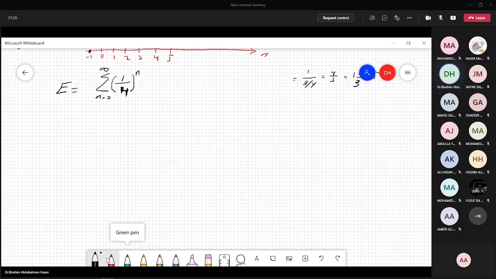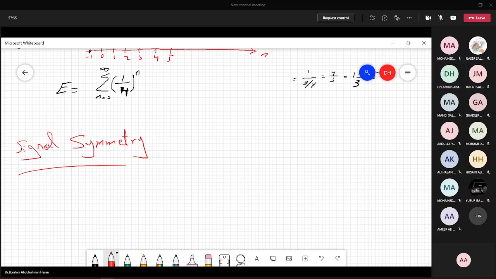Another important property is signal symmetry. Signal symmetry, I think you have seen its importance now, especially in some examples before.